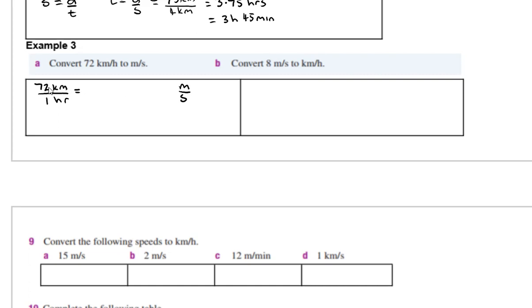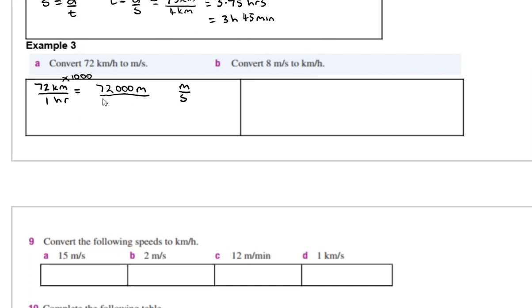So, changing 72 kilometers into meters, I'm going to times by 1,000 to get 72,000 meters over, now 1 hour, I need to change to seconds.